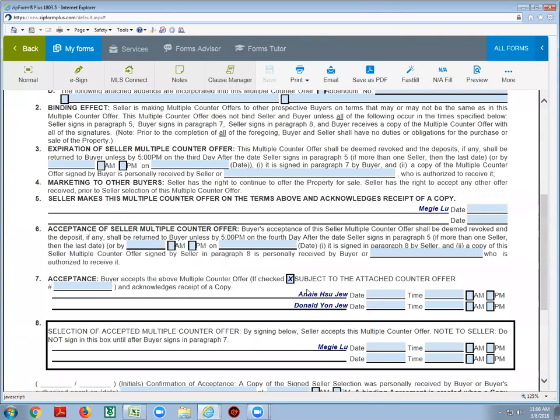Then, I'm sorry, 5, seller signs, then the buyer signs paragraph 7 within the box because this is a multiple counter. So this number 8, the seller can only sign 1 copy, because the seller could be sending out 2 or 3 multiple counters. But on paragraph 8, the seller can only sign 1 copy.